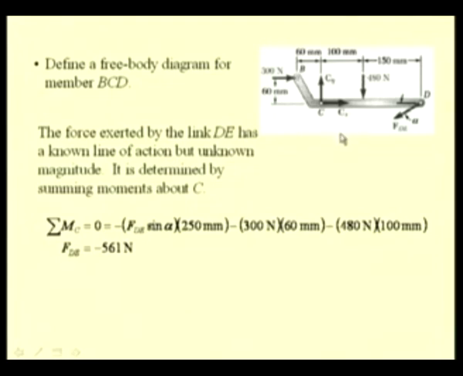So, again it is a negative quantity, its moment arm is 100 mm, and the 300 Newton force from the roller is also a clockwise moment about C. So, again it is a negative quantity. The moment arm for the same is 60 mm. So, we write these three quantities and sum them and equate it to 0, and in this equation we have only one unknown FDE, and the same has been determined as minus 561 Newton.